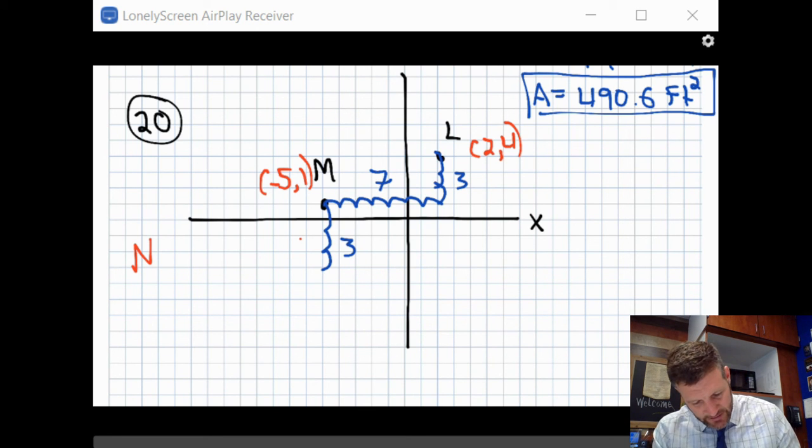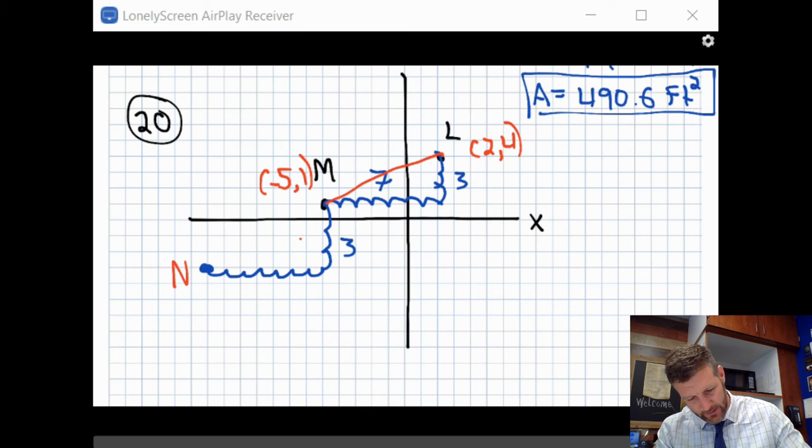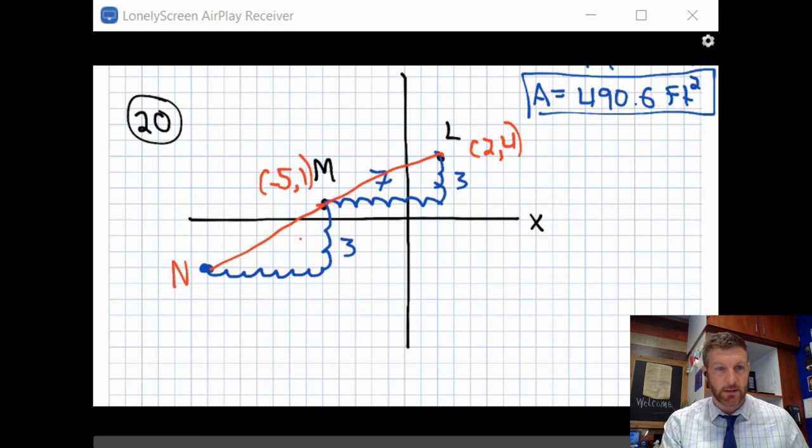So if I count over 7, 1, 2, 3, 4, 5, 6, 7, I can know that N must be right here at this point. And I can see my segments here to here are in fact congruent, making M the midpoint that the problem describes.